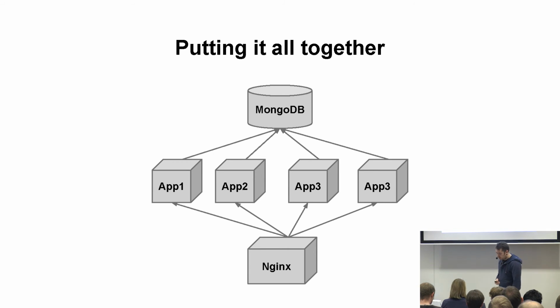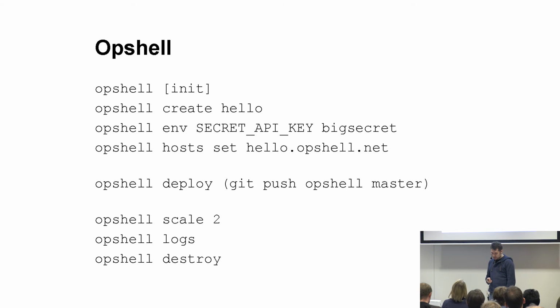Then I wanted to have however many app services for the different applications that I want to run on top of this platform, and I wanted to have the ability to have some of them only run one process, others maybe two instances of the same, two processes for the same application. And finally, a MongoDB database behind all of them.